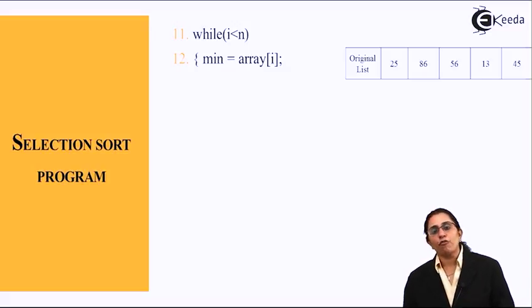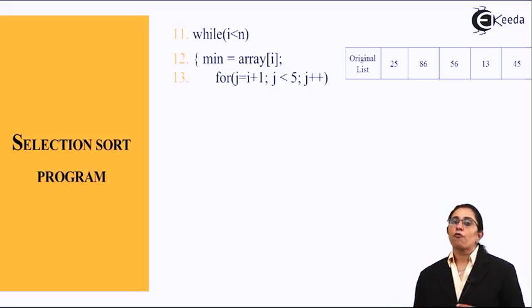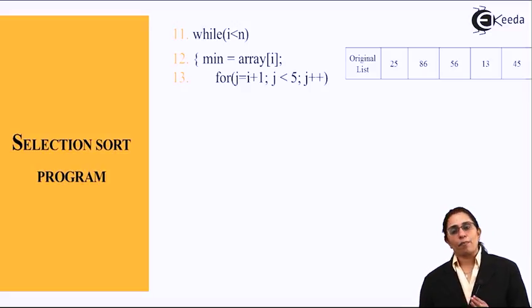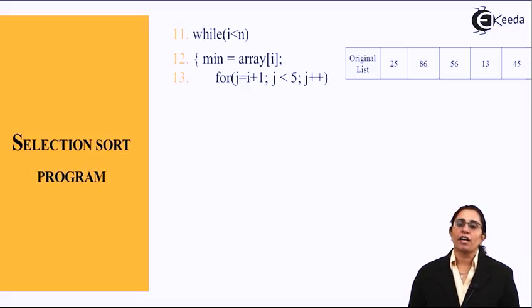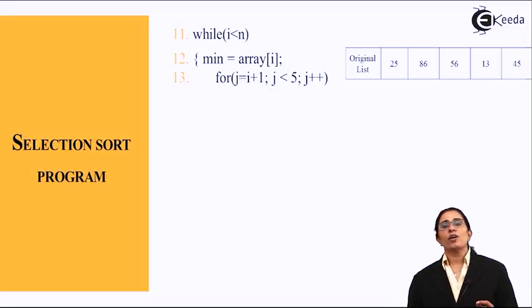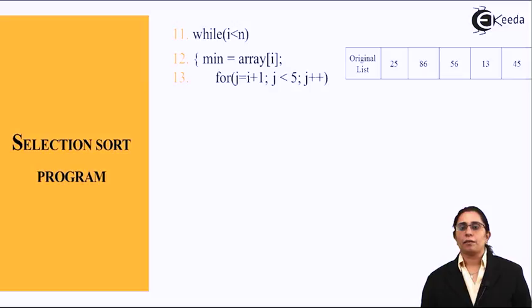Now we have the for loop, as we have to compare all other elements of this array with this value. We say for j is equal to i plus 1, j less than 5, j plus plus. Here I have taken the value as 5, but we've already initialized the scanf value of n.